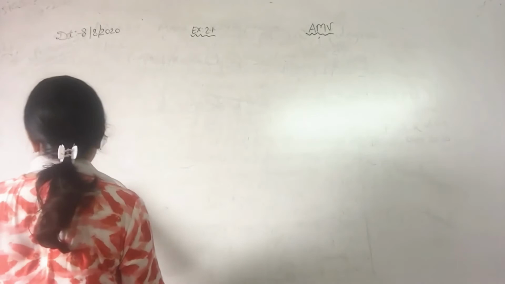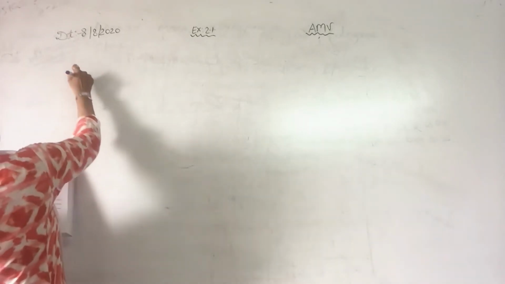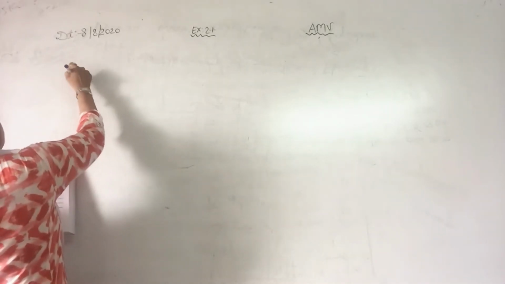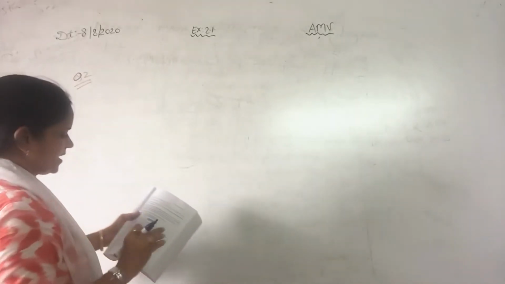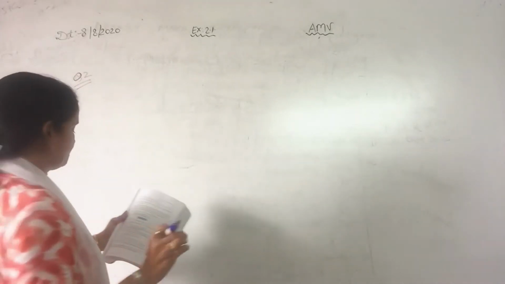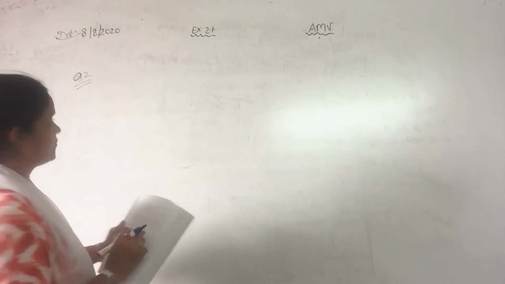Move to the next question. Here set A has 2 elements, and set B is given as {3, 4, 5}.